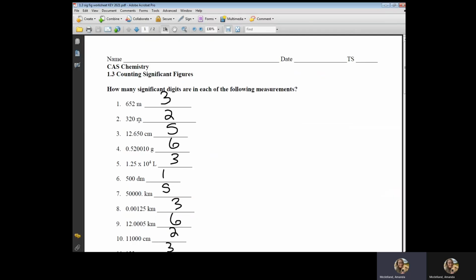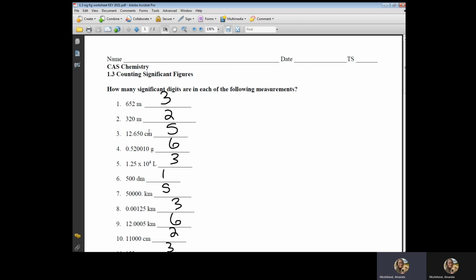So let's take a look at some of these where we counted, and we'll note the ones with zeros. 652 has 3 significant figures because they're all non-zero digits. But 320 only has 2 significant figures because this 0 at the end is just a placeholder.